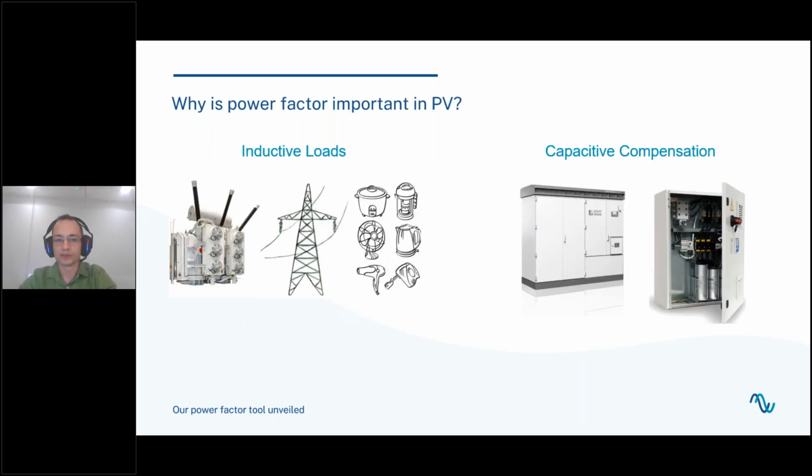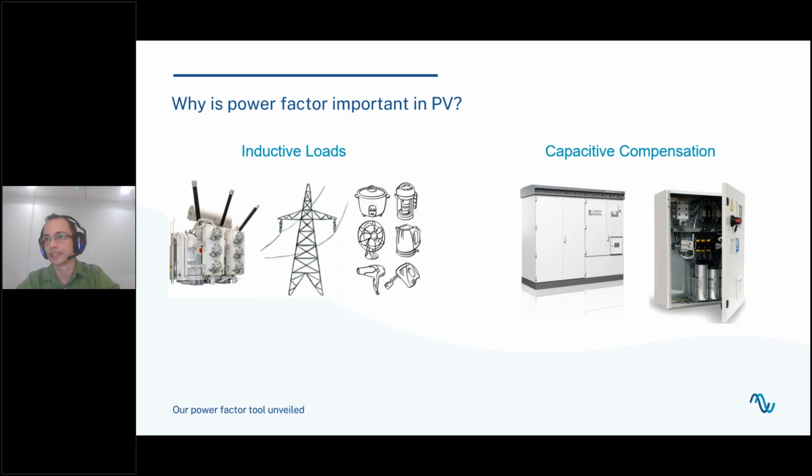Moving on to why power factor is important: as we mentioned previously, it's important to keep it close to 1 so that all of our apparent power converts to active power. Currently, in all the systems that we have, such as power transformers, transmission lines, and virtually any device that we have at home, such as motors, ventilators, typical devices that we use in our day-to-day lives, they are usually inductive loads.